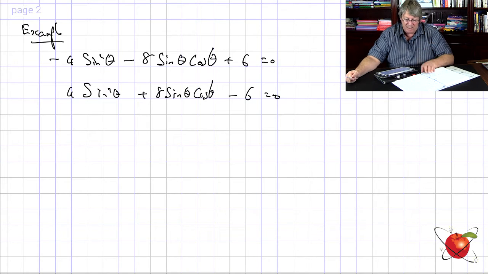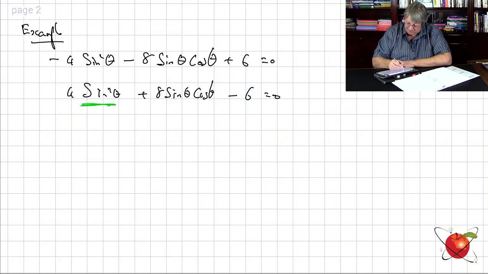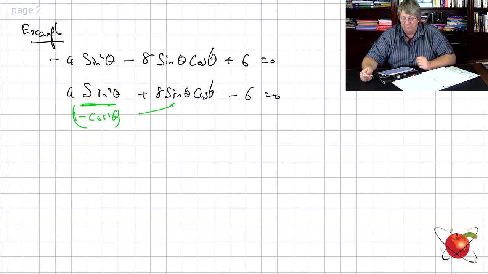Can you see here that if we replace sine squared with 1 minus cos squared theta, we're still going to have the problem of sine there. So we kind of missed.